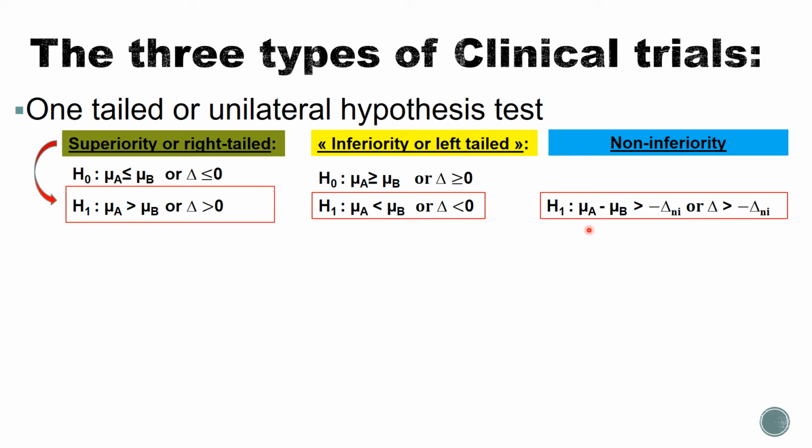But what we are actually trying to say is that we've accepted that treatment A, in terms of maybe efficacy, is less than treatment B. We've accepted that treatment A is less than treatment B, but not to some extent.